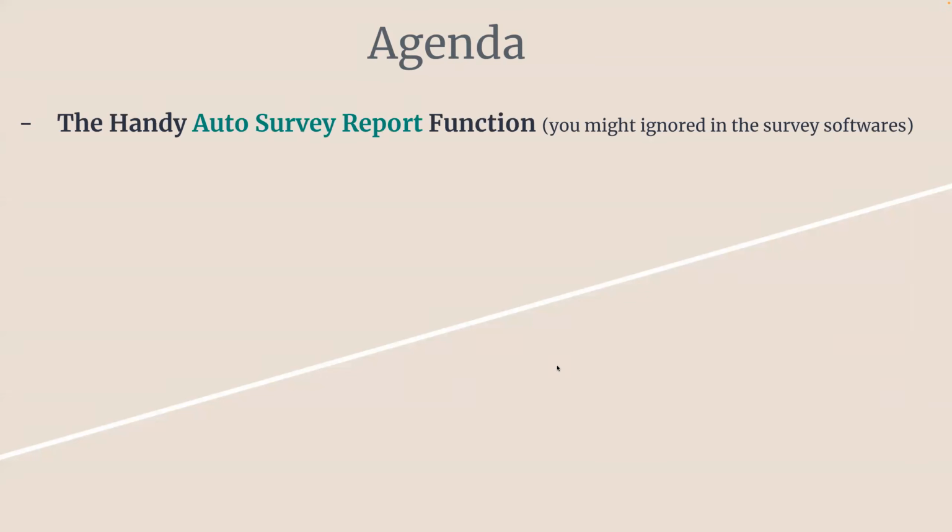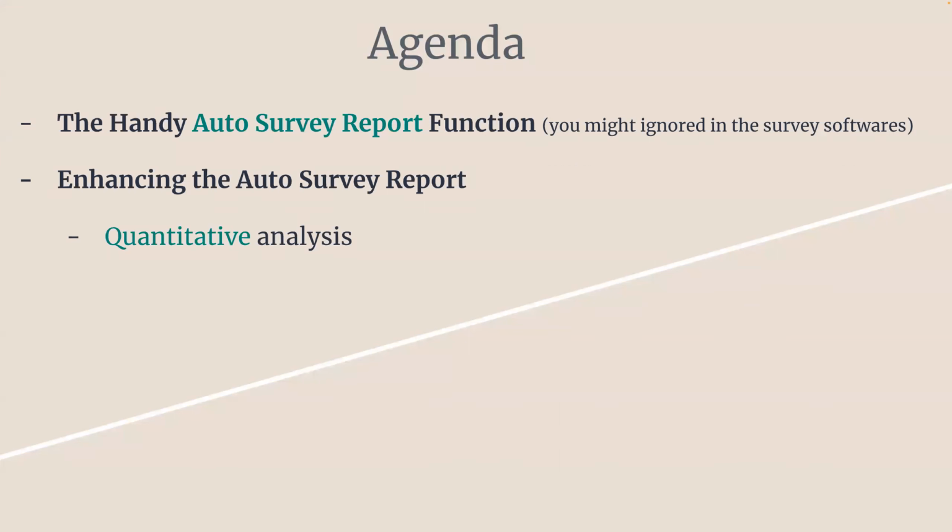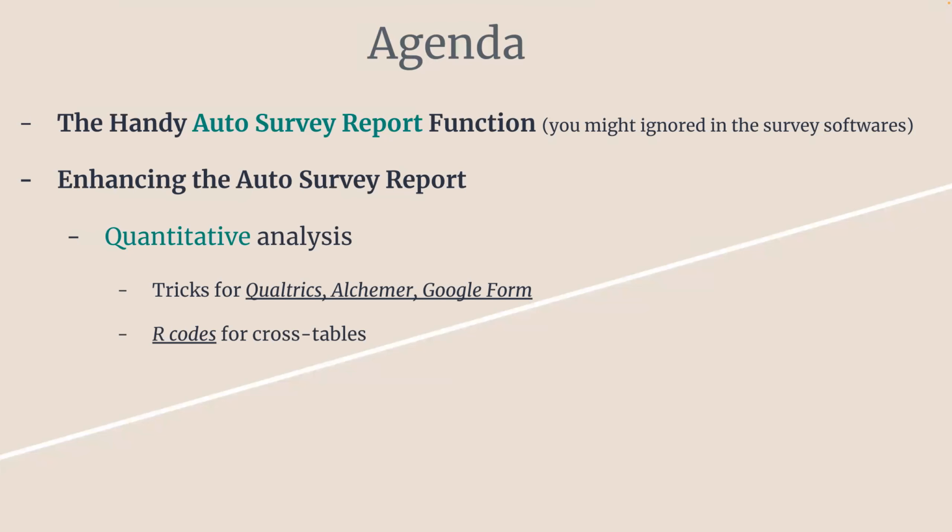The entire webinar is divided into 3 parts. First is a quick demo of the auto survey report function in various survey software. Following that, we'll spend the majority of our time exploring tricks to enhance the quantitative analysis within those auto survey reports. Specific R codes for group differences analysis will be shared later, which is often necessary to bring out the complexity and diversity revealed from our survey data.